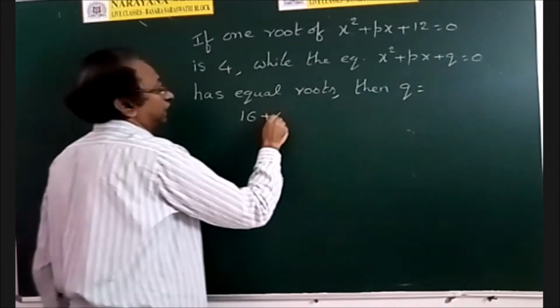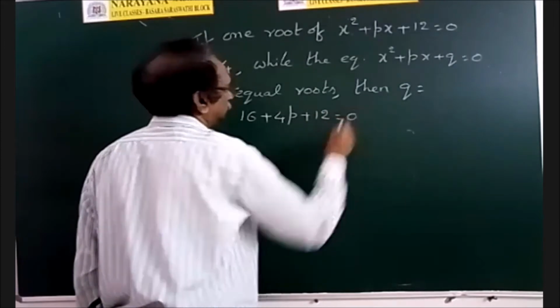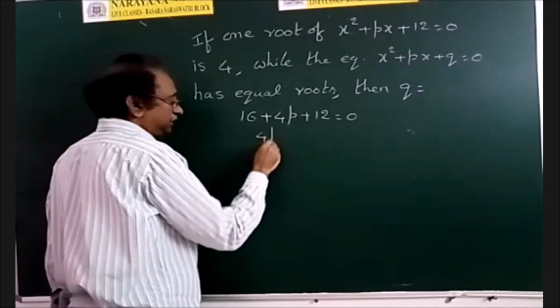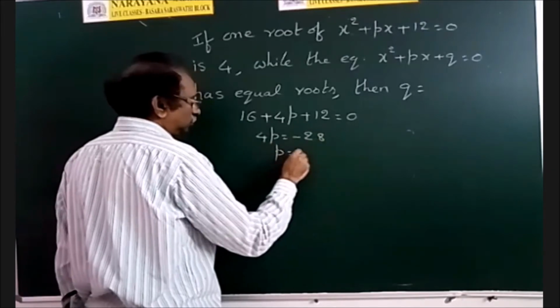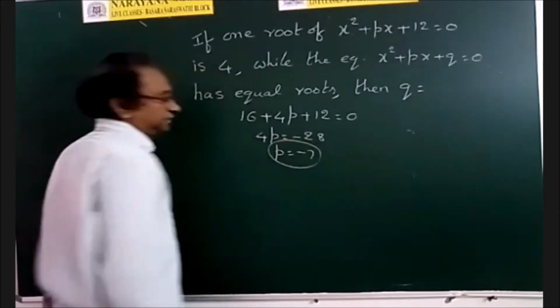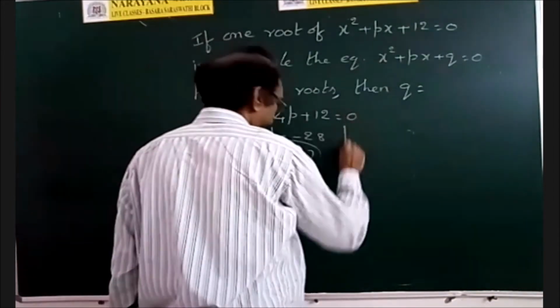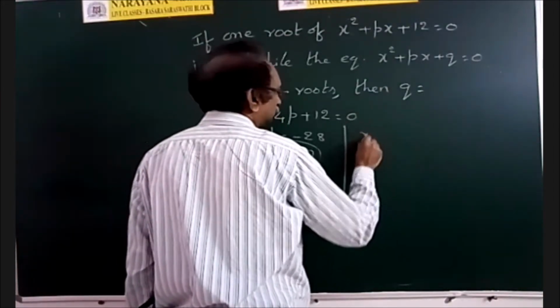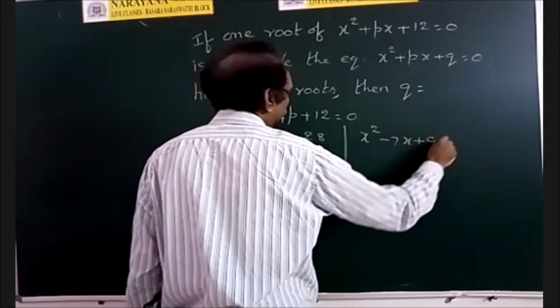So 16 plus 4p plus 12 is equal to 0. So 4p is equal to minus 28 or p is equal to minus 7. So we got the value of p and substitute here. The equation is x square minus 7x plus q is equal to 0.